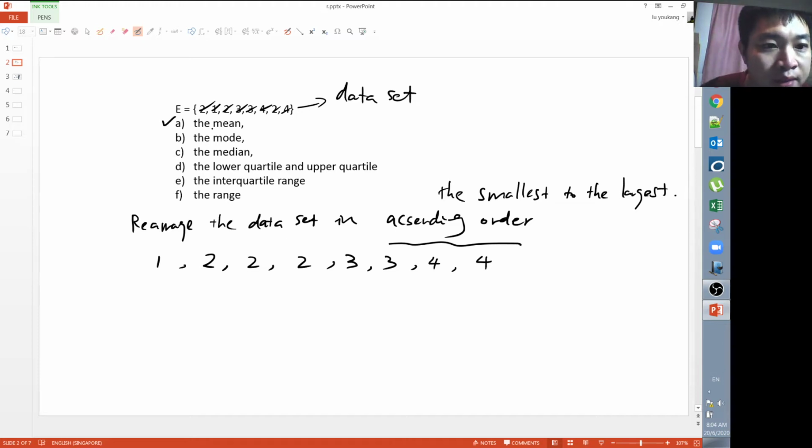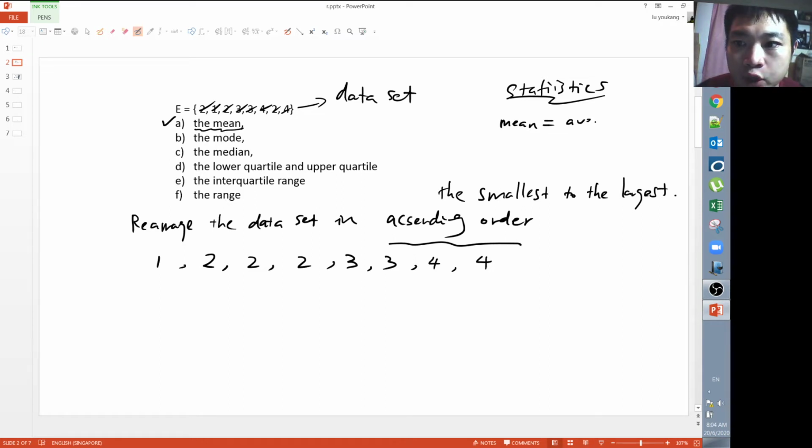What's the meaning of mean in this case? In statistics terms, mean means average. You are asked to find the average of all these numbers. How are you going to do that?